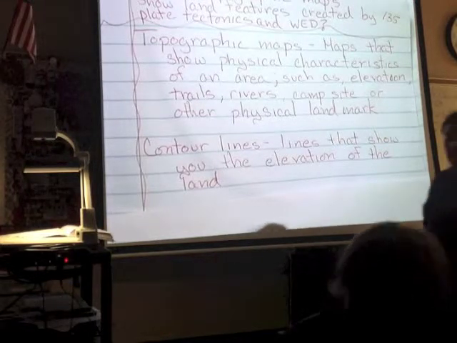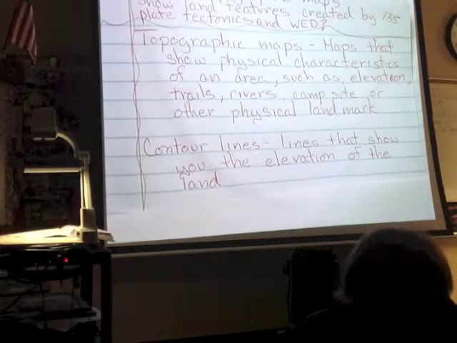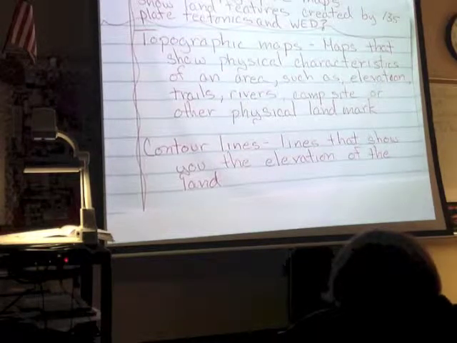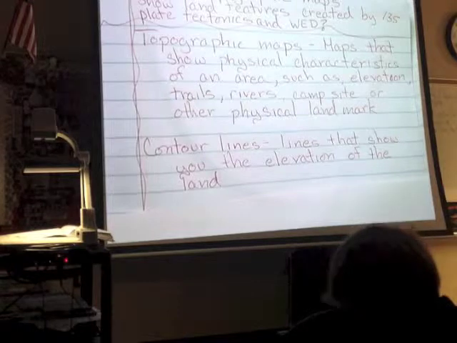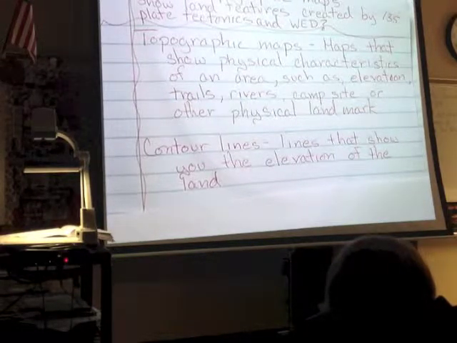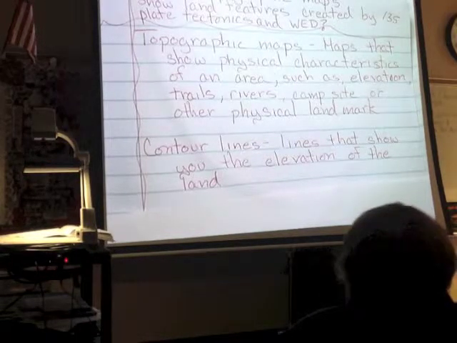So let's say every 5 miles up, they basically take a reading all around the area to see the elevation at that point and see what the land actually looks like.